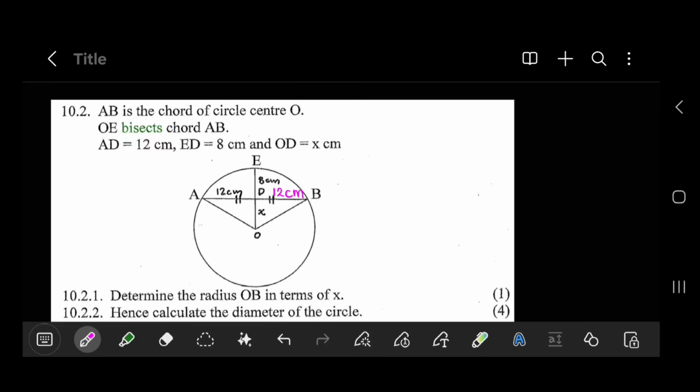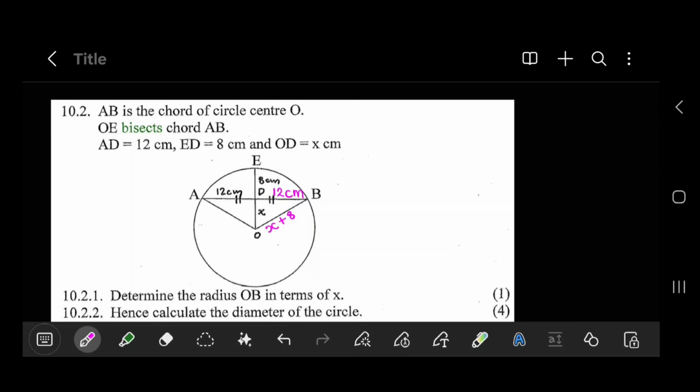Now, here's the thing. We've got OB as the radius, and we also have OA as the radius, and there is one more radius, which is OE. What you notice about OE is that we have the length OD and then we have DE. So the radius here is actually X plus 8, meaning that OB should also be X plus 8, because remember, radii are equal to each other.